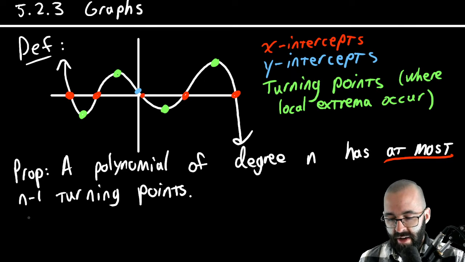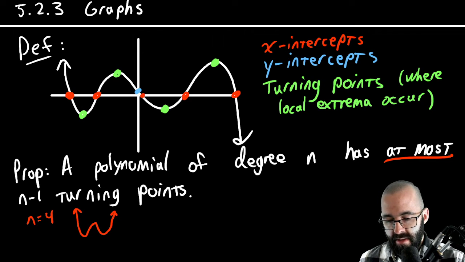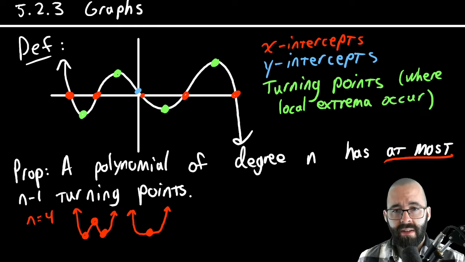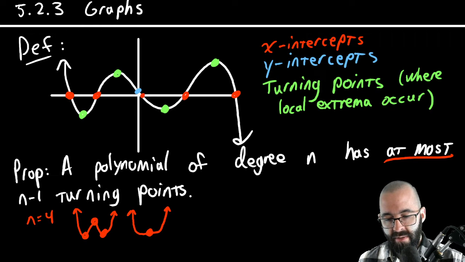So again, if we're looking at an example, maybe our fourth degree polynomial looks like this. This is an example with 3 turning points, here, here, and here. But we've also looked at fourth degree polynomials that look like this. This one only has 1 turning point. We could also have a fourth degree polynomial that looks like this.